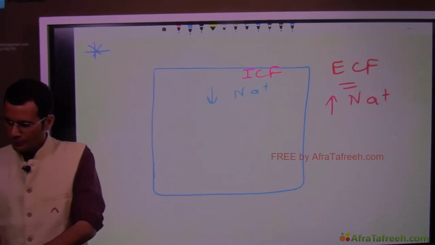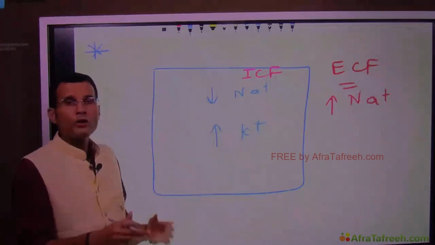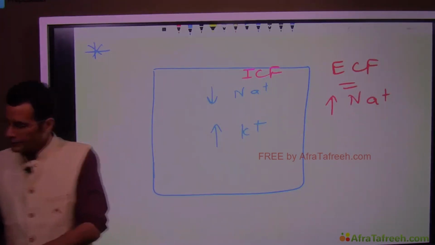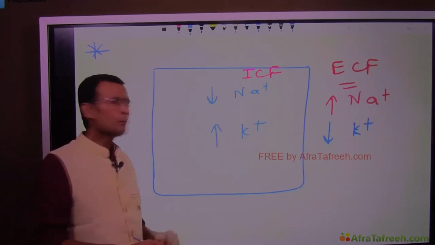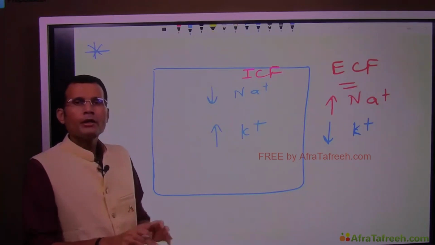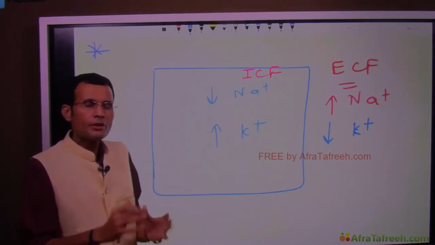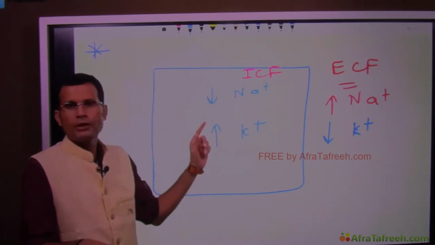Coming to the potassium. Potassium is in a high concentration inside the cell, 145 milliequivalents per liter, and it's low on the outside. Potassium is always pushed into the cells. So remember, the major cation in the ICF is potassium.